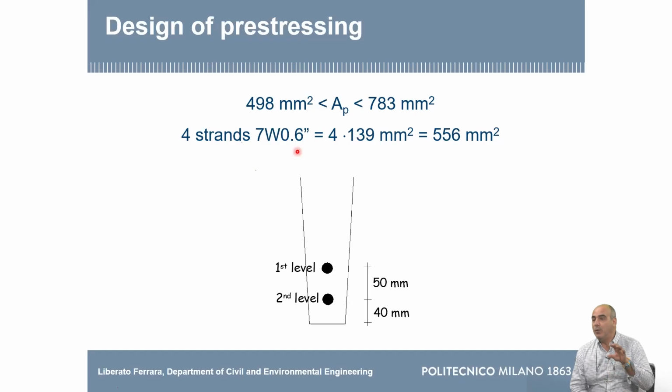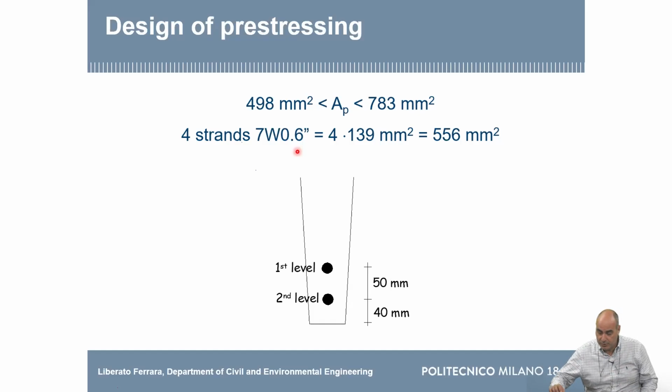Now you have to decide where to put them. You go to the codes, and the codes will tell you that you are in a certain environment. We can imagine that we are in a factory, but there is no special aggressive process inside the factory. It could be a precast. It's a protected area, so cover 2 centimeters.